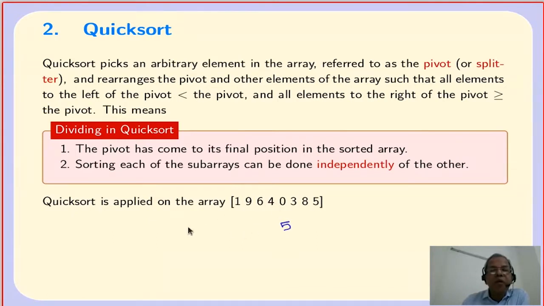For example, 1 is less than 5, 4 is less than 5, 0 is less than 5, 3 is less than 5. In the same order: 1, 4, 0, 3. All elements greater than or equal: 9 is greater, 6 is greater, 8 is greater.